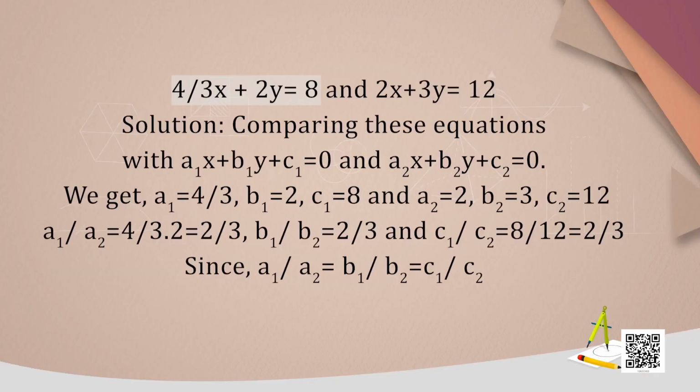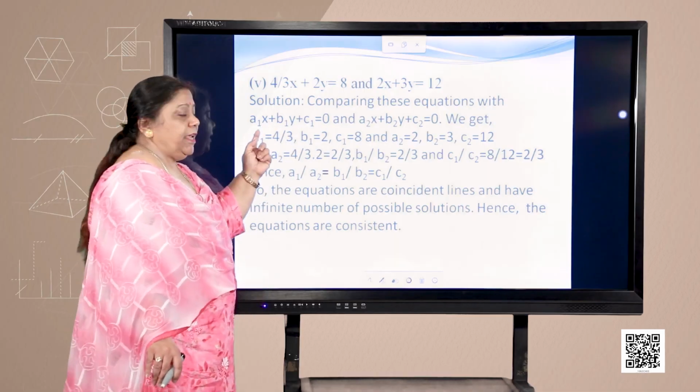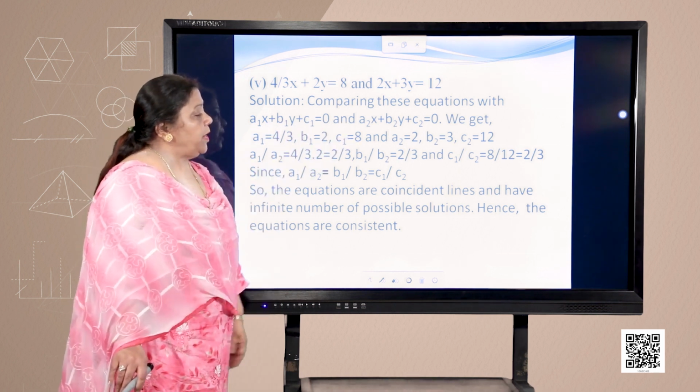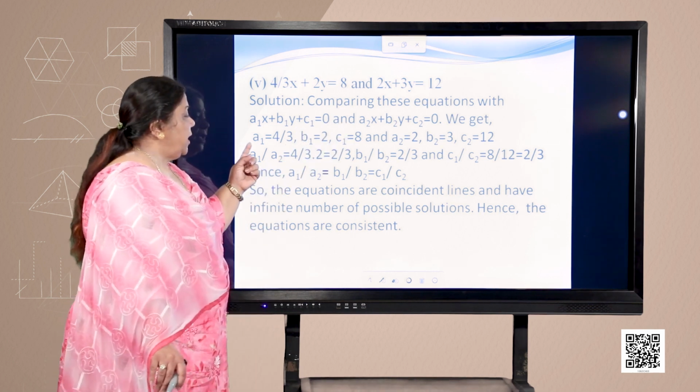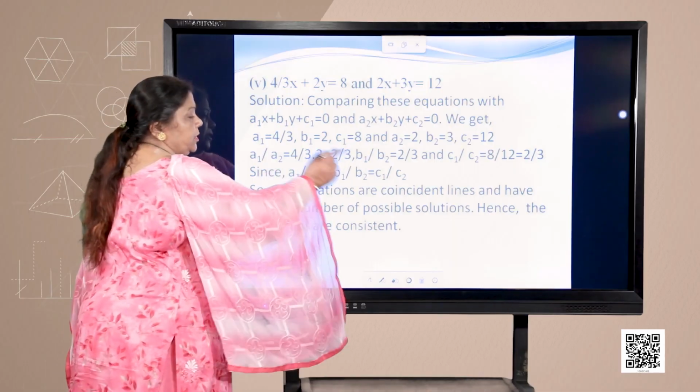4 upon 3x plus 2y is equal to 8 and 2x plus 3y is equal to 12. On comparing these equations with the general equations, a1x plus b1y plus c1 is equal to 0 and a2x plus b2y plus c2 is equal to 0, we get a1 as 4 upon 3, b1 as 2, c1 as 8, a2 is 2, b2 is 3 and c2 is 12.